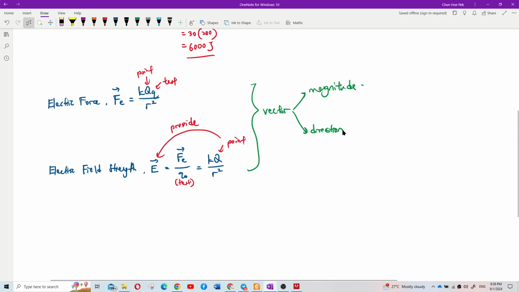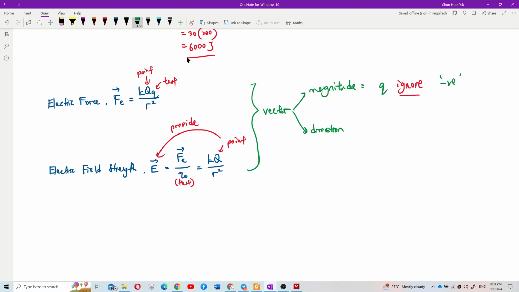So when finding the magnitude of force, resultant force or resultant electric field strength, we use this equation KQQ over R square, or KQ over R square. So when finding the magnitude of a vector, the charge, we ignore the negative sign. Understand? The charge, ignore.